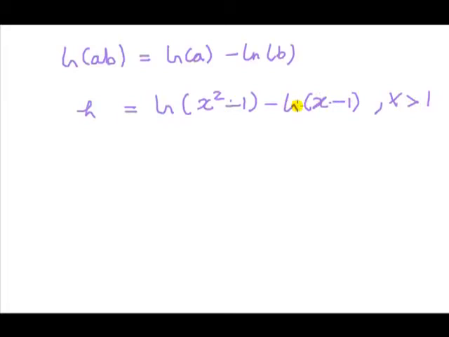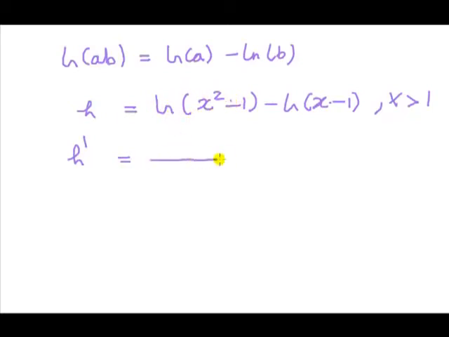Otherwise this function here, you can't calculate it. And now we want the derivative of h, look, we can use the sum rule, find the derivative of each term, and we can apply the rule for logarithms, chain rule for each term.